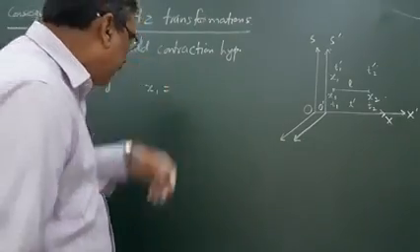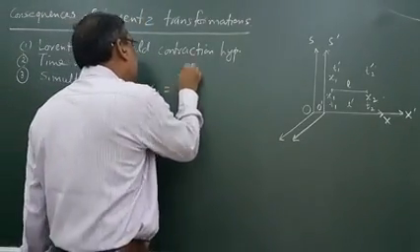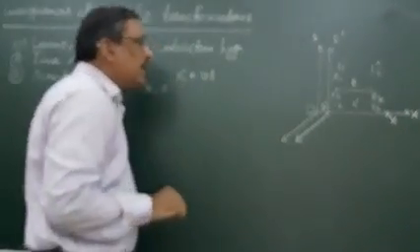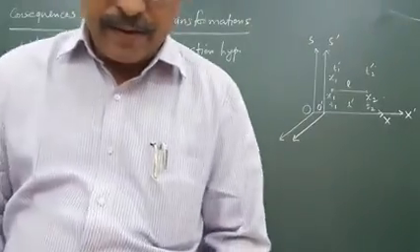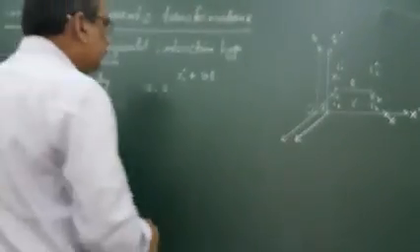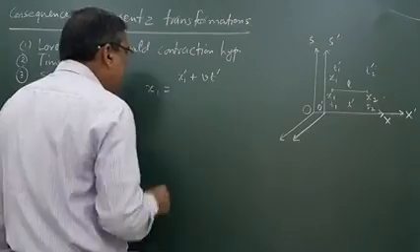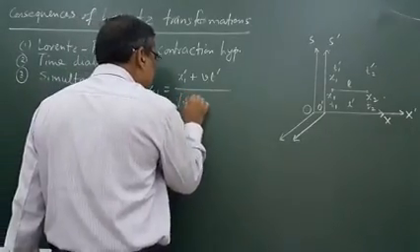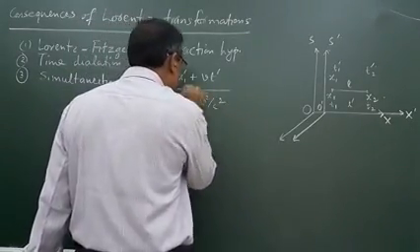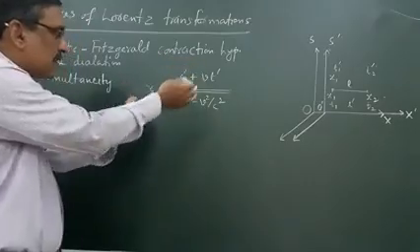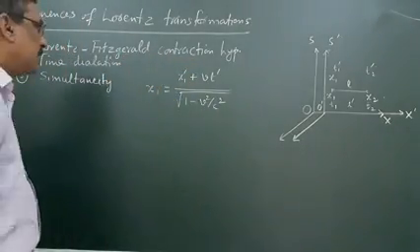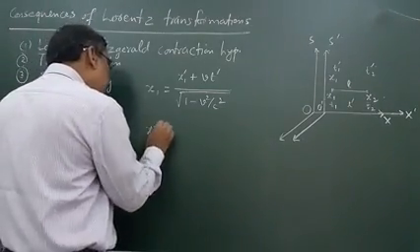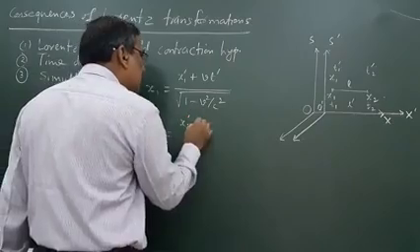So x1 will be equal to x1 dash plus vt dash, divided by the square root of 1 minus v square upon c square. This is the inverse Lorentzian transformation. So x1 is equal to this one and x2 will be equal to x2 dash plus vt dash over the same factor.